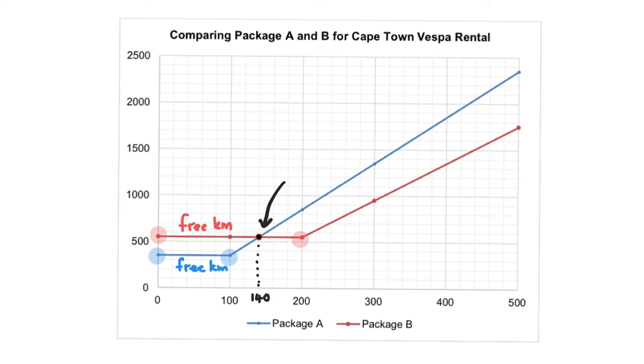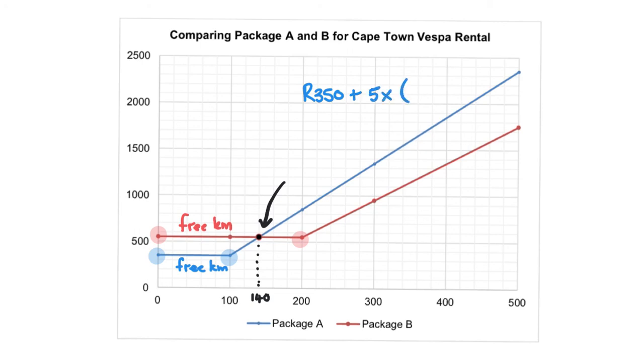So do you still remember what we did for package A? Remember, for package A, the fixed charge was 350 Rand. After that, it would be 5 Rand for every kilometer over 100.